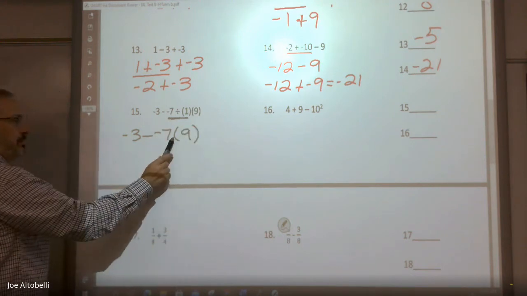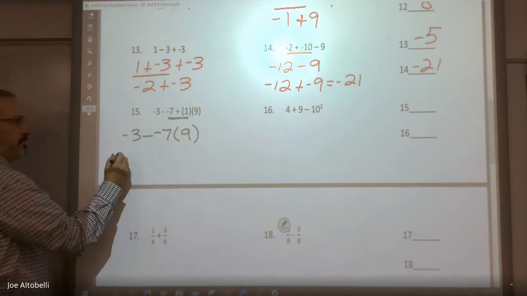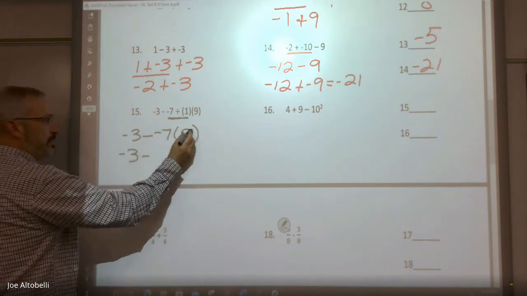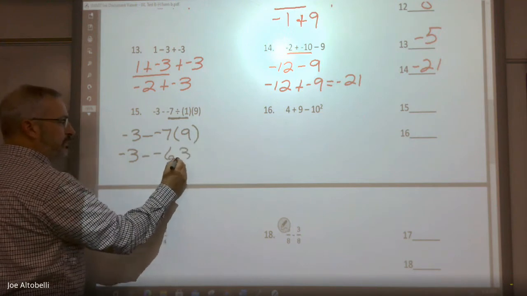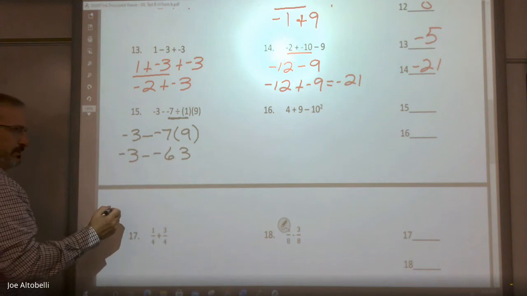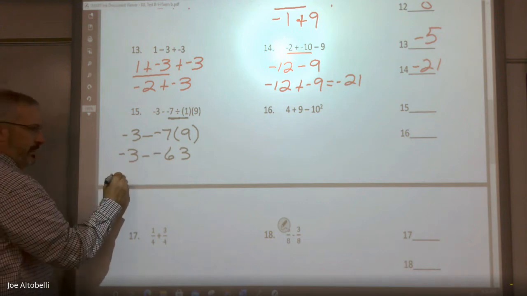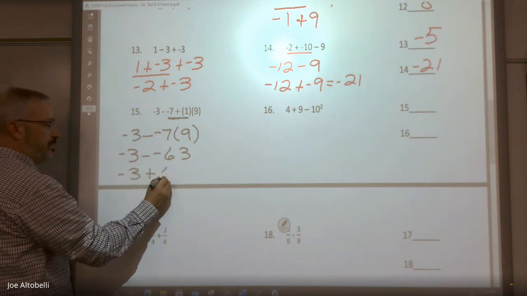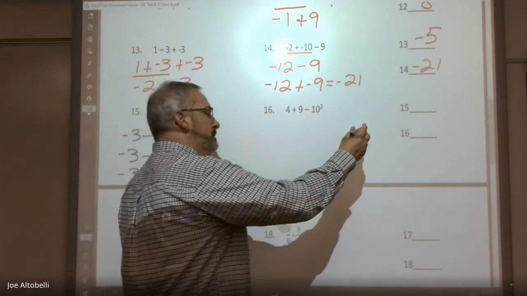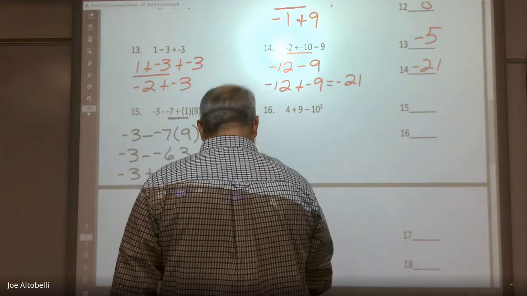I am going to multiply before I subtract, so it's -3 minus, and then that is -63. Minus a minus, we change to adding, so that's -3 plus 63, which gives me 60.